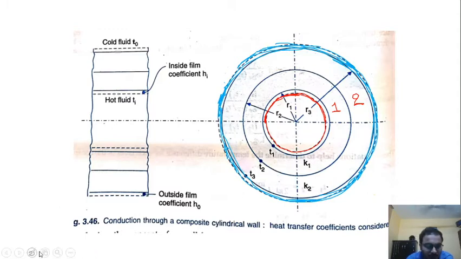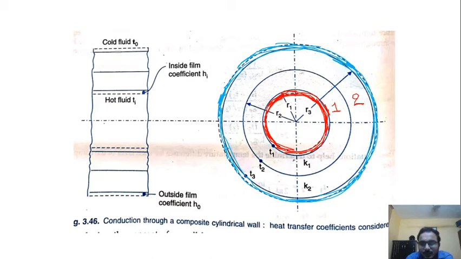And here on the inner side this will be our hot stagnant layer, for which convection resistance will be responsible for the heat flow over here. So besides having two default layers, we need to count this hot fluid film as well as the cold fluid film.